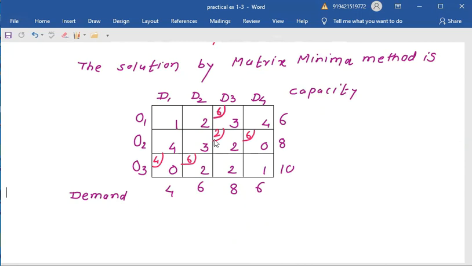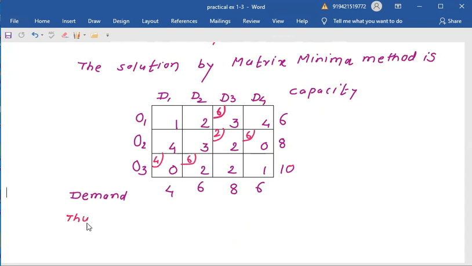So 6 equals 6, 6 plus 2 is equal to 8, 4 plus 6 equal to 10. Let us take the column sum restriction. So 4 equals 4, 6 equals 6, 6 plus 2 equals 8, and 6 as it is. So the row and column sum restrictions are satisfied. So it is a feasible solution by the matrix minima method.